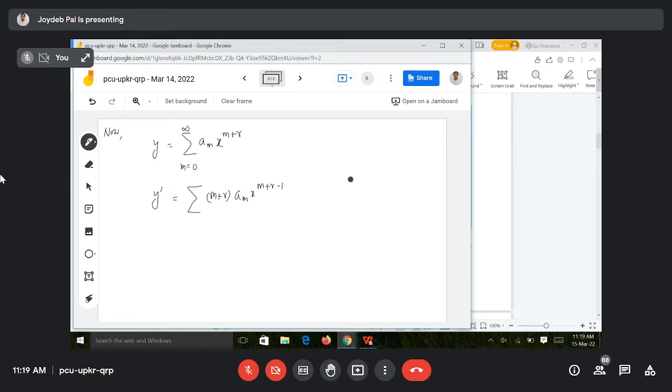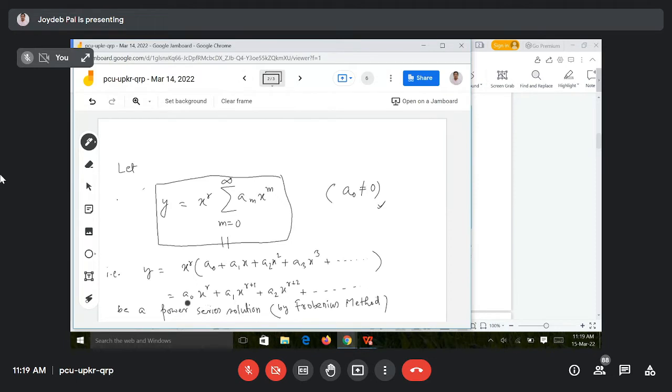Think, you are differentiating this series a naught x to the power r plus a1 x to the power r plus 1. Now if you differentiate it, will the first term remain or become zero? The differentiation of a naught x to the power r will be a naught r x to the power r minus 1. The second term will become a1 (r plus 1) x to the power r. So all the terms are remaining here.